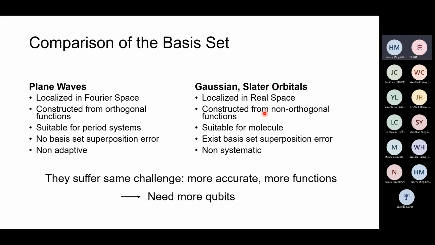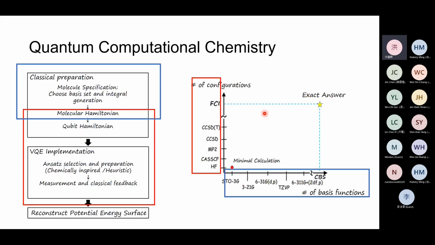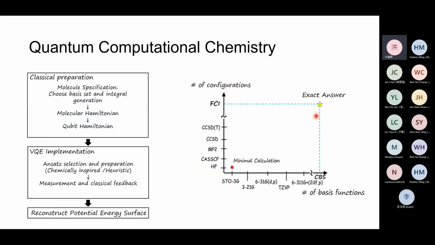Or no. Let me, okay, let's see this picture again. To get the exact answer, the full Schrodinger equation solution, we have the method in the y direction and the basis function in the x direction. If you give infinite computer power, you can always calculate the full configuration interaction to get the exact answer for a given basis set.